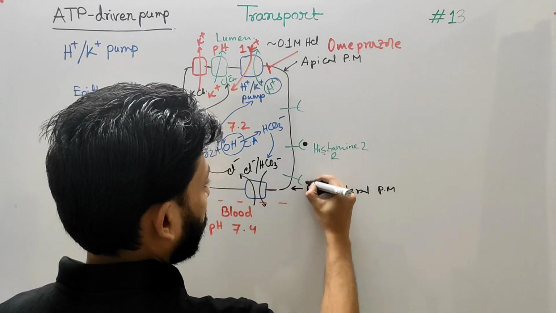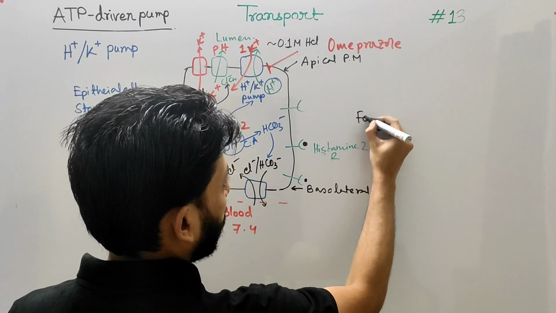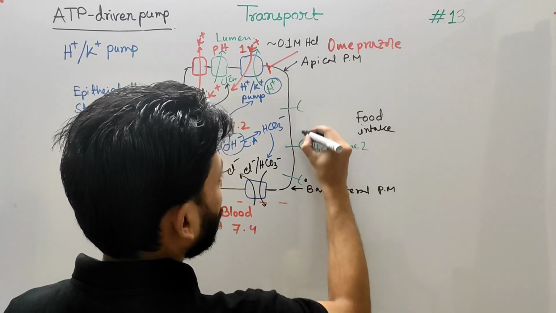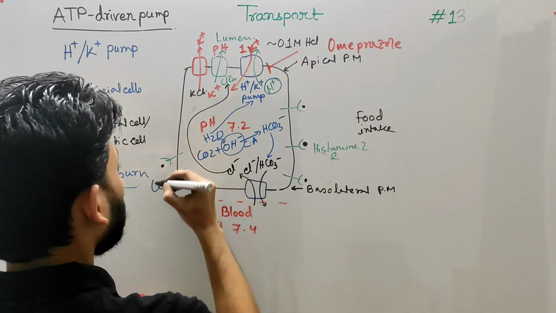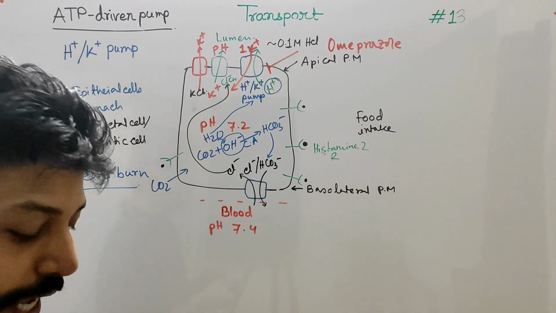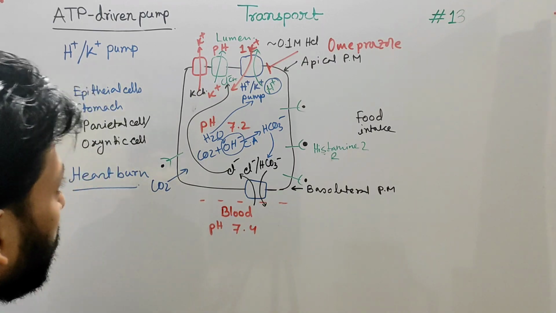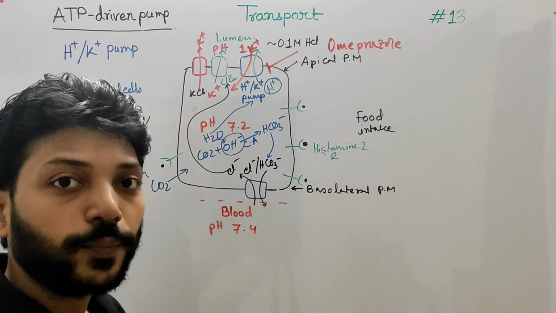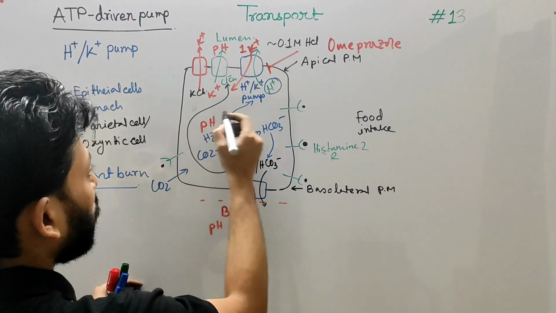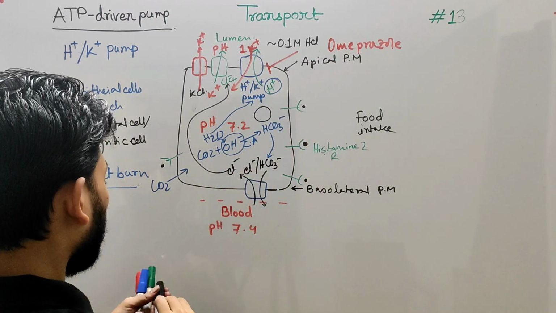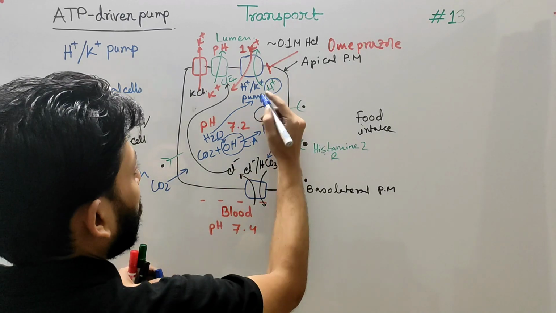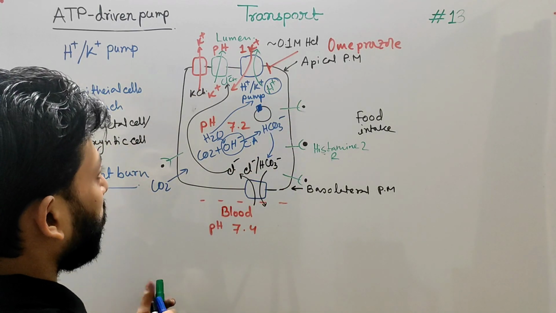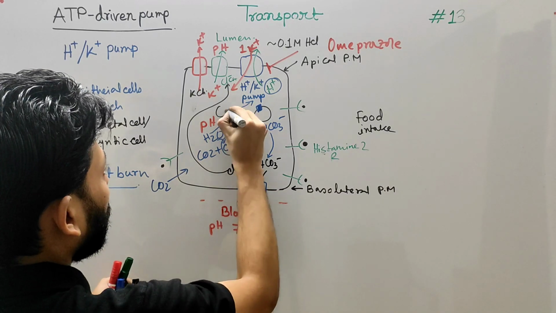When someone takes food, this histamine 2 binds with the receptor of these cells, and what happens is that these hydrogen potassium pumps are not always present in the apical portion of the cell. They are stored inside the cell in vesicles. So there are many vesicles present inside the cell.